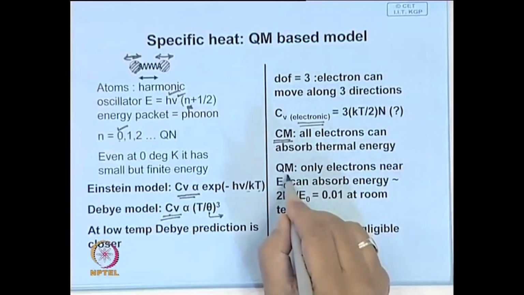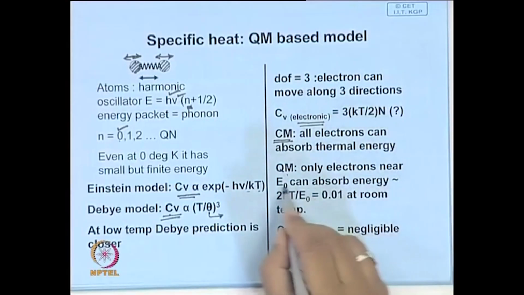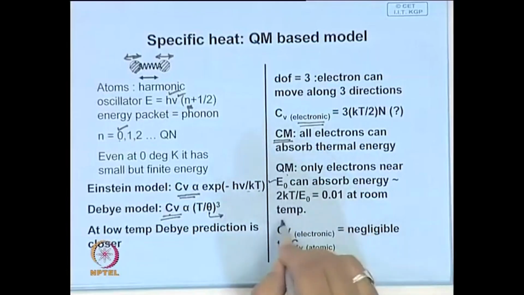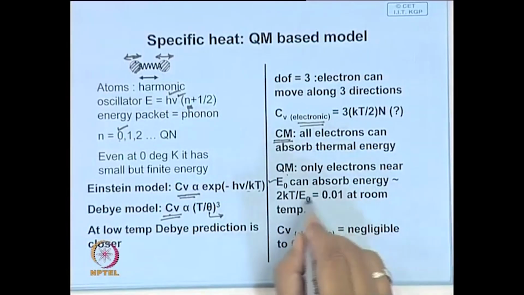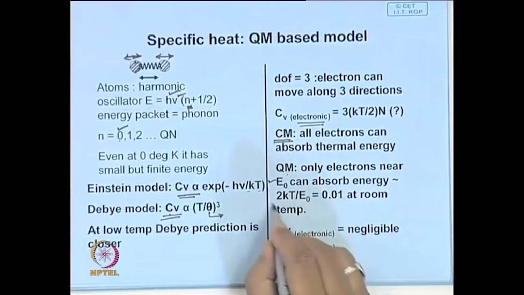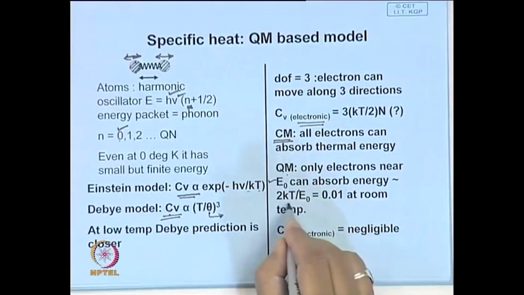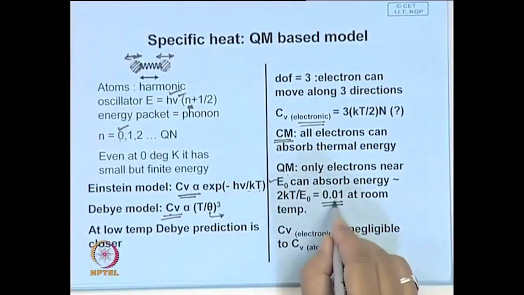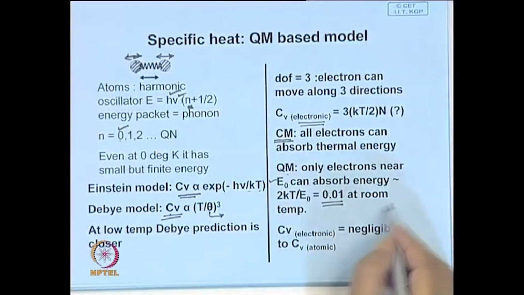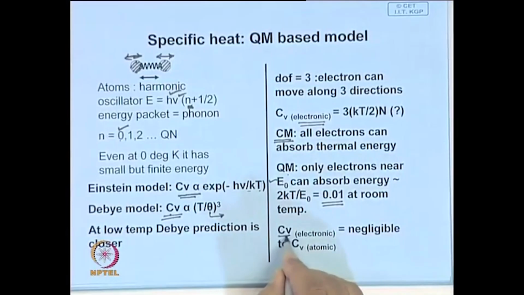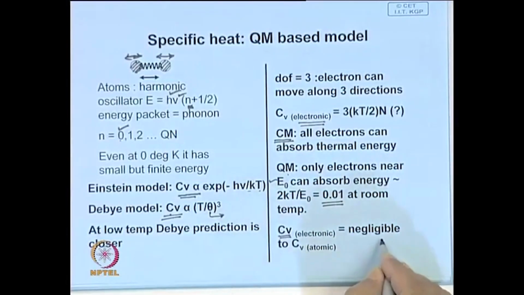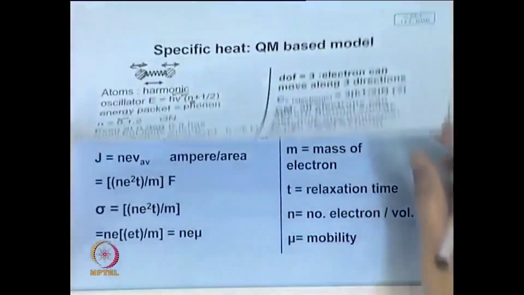But if you apply quantum mechanics, only the electrons near the Fermi energy can absorb energy. So, the fraction of electrons which can absorb thermal energy is 2 kT over Fermi energy, and if you calculate this, it will come out to be very small, maybe about 1% at room temperature. Therefore, the electronic contribution to specific heat is negligible compared to the contribution of atomic vibration to specific heat.